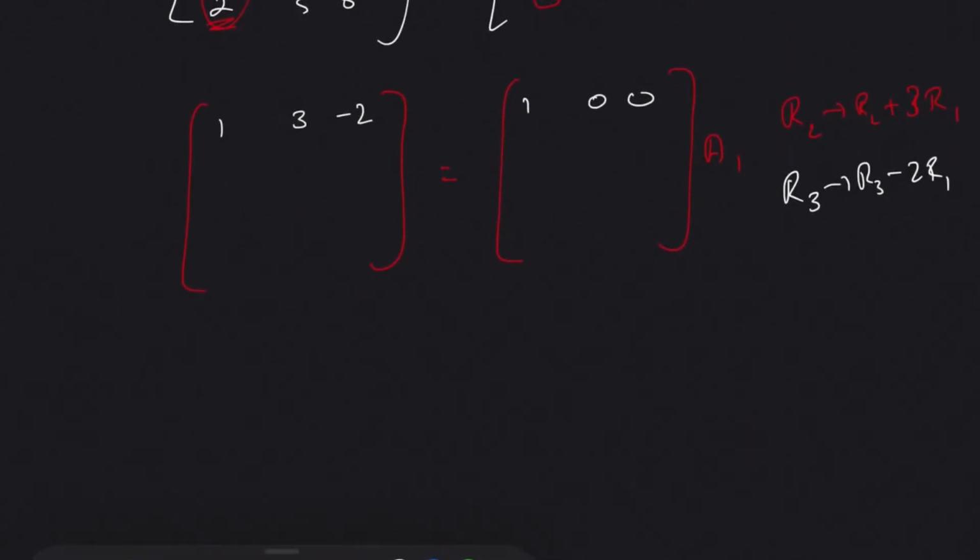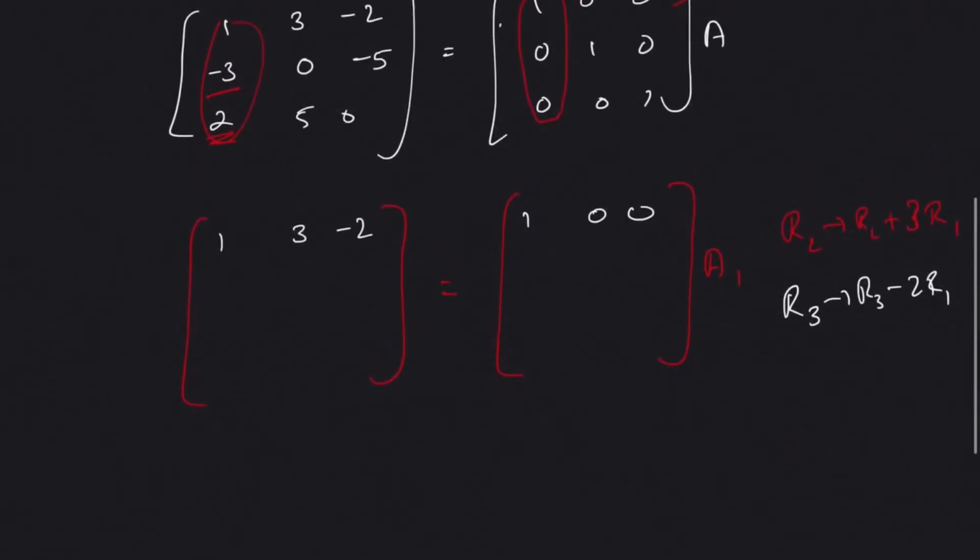Okay, so R2, when we apply the operation, now what will we have? At least for the first one or two steps I'll do the rough calculation. The rest of the calculations I'm not going to do. You should try that on your own. So that will be minus 3 plus 3 into 1, so minus 3 plus 3, that will be of course 0.